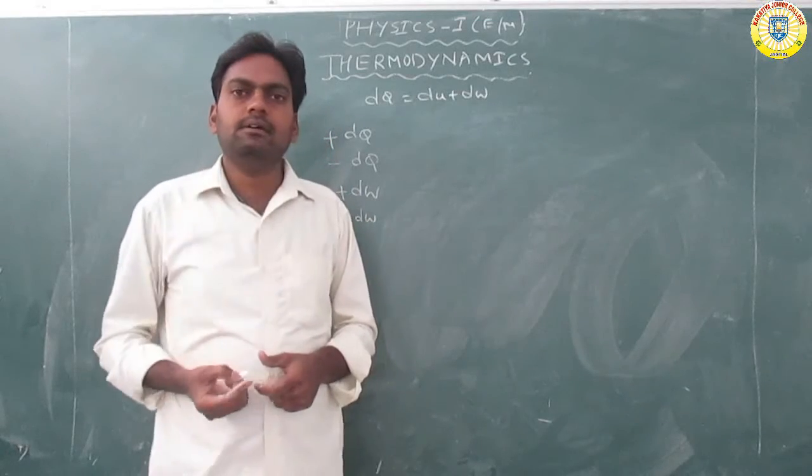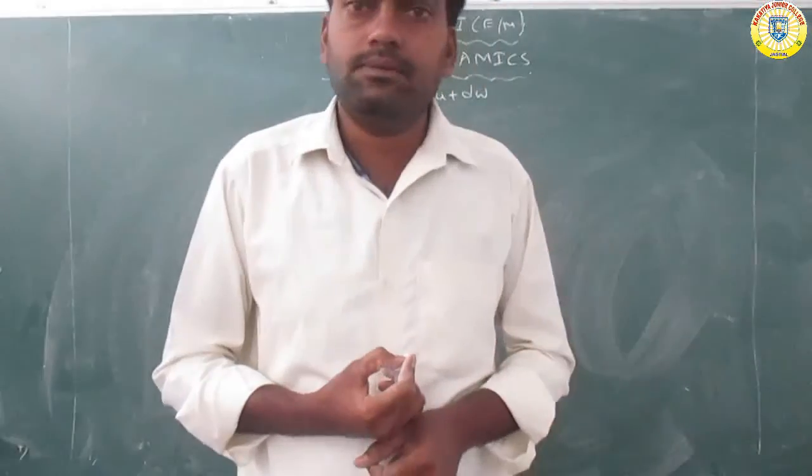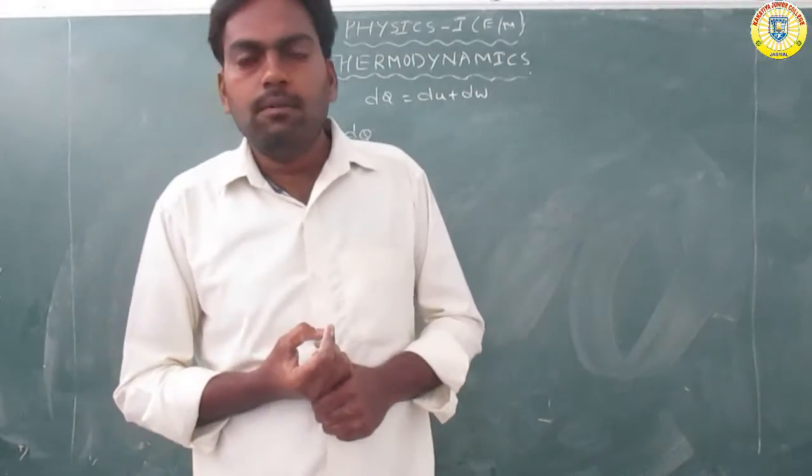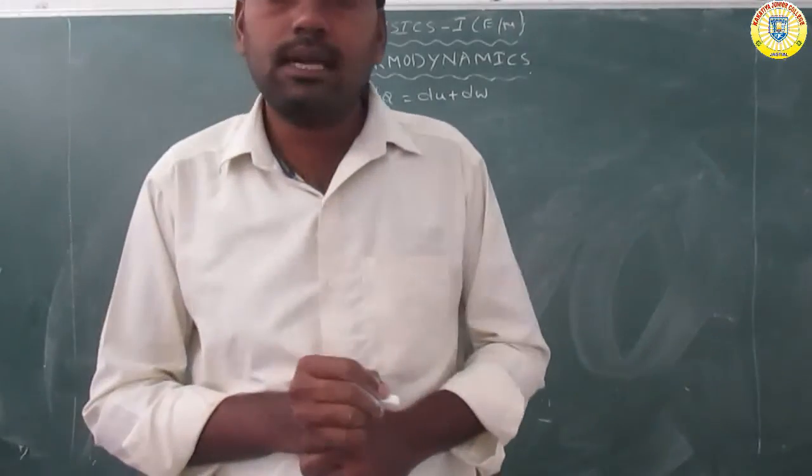Okay, and now, what is the Cp and what is the Cv? Cp means the molar specific heat capacity at a constant pressure. Cv is the molar specific heat capacity at a constant volume.